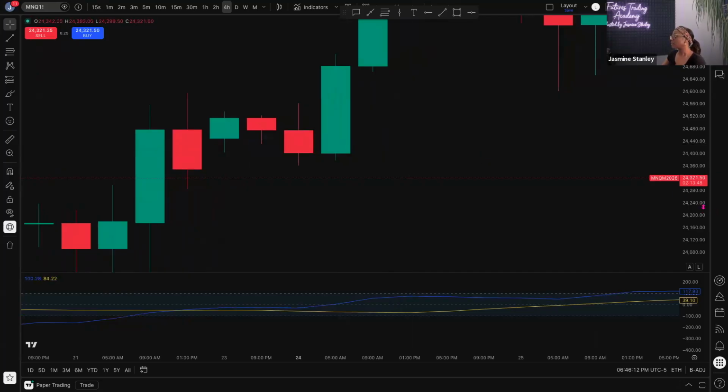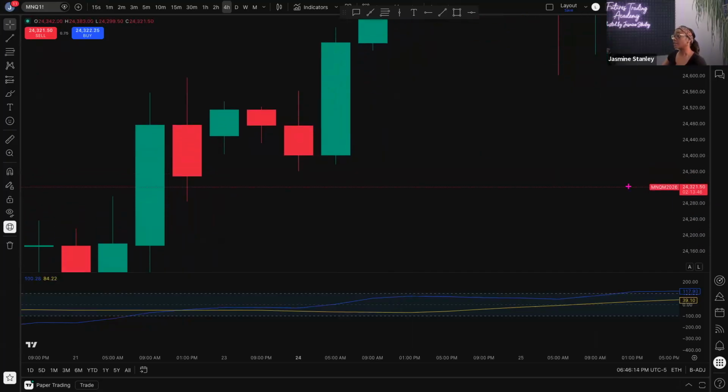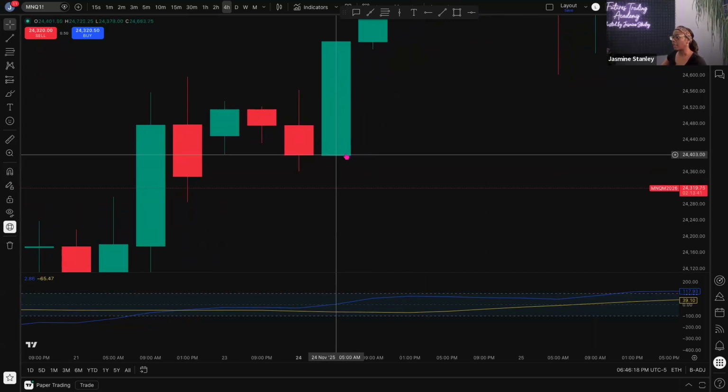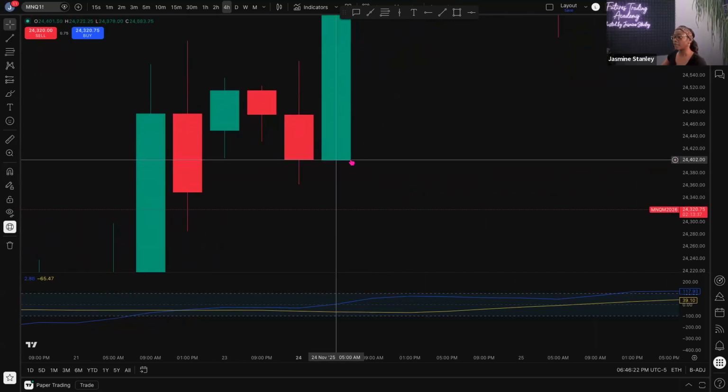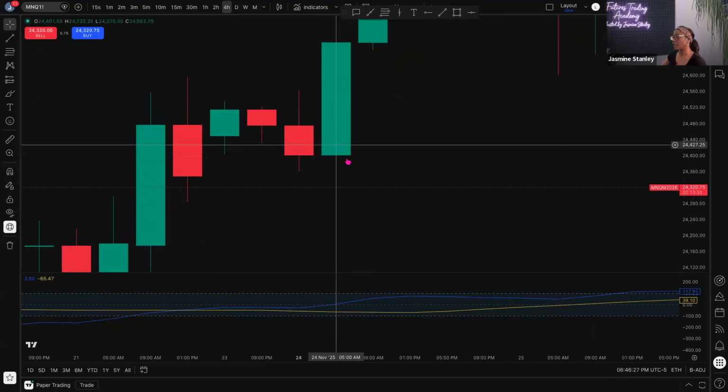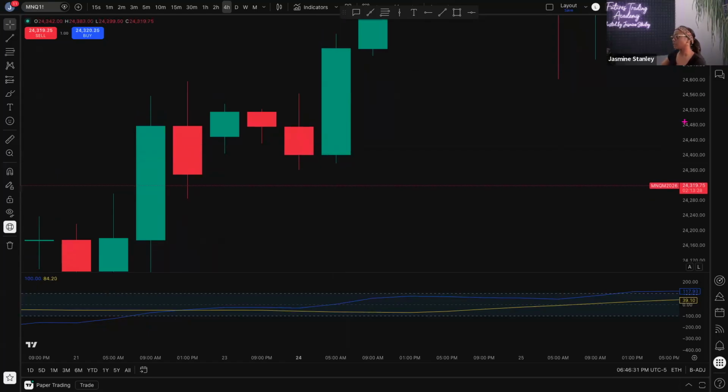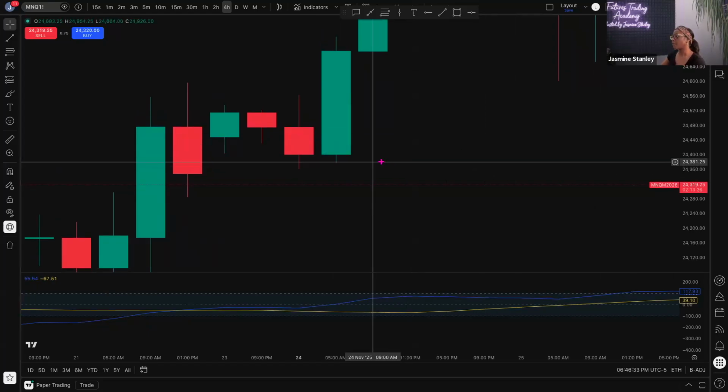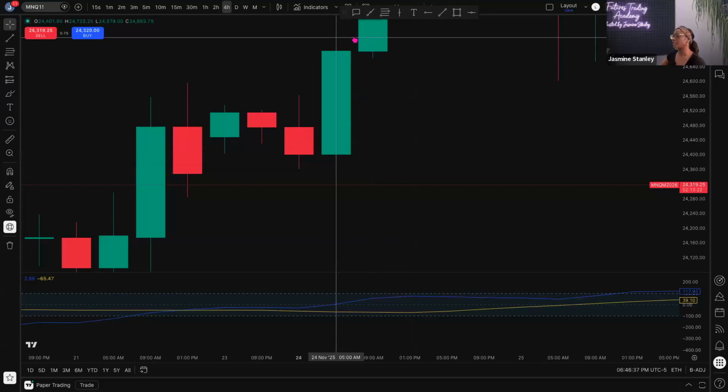So what this candle is saying to us is that price came, this was the low, okay? And this part is the open of the candle right here, because it came down here and opened down here. Then the lowest that it came was here, and the highest that it got was here.